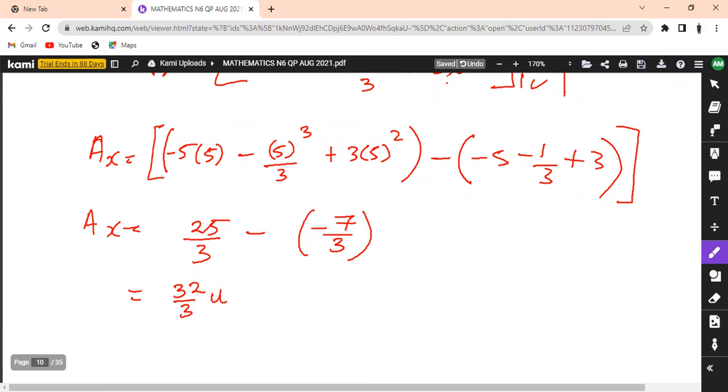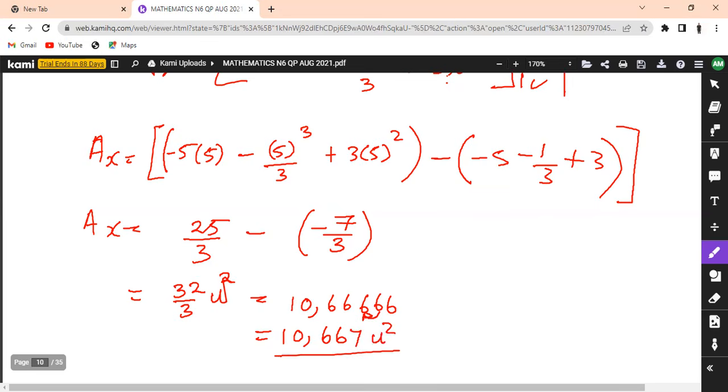And that is square units, or you can just write it as a decimal. As a decimal, it's going to be 10.666 and so forth. Okay, so if you round off, it's going to be 10.66, and this 6 is going to change this into 7. So that's what you're going to have in square units.